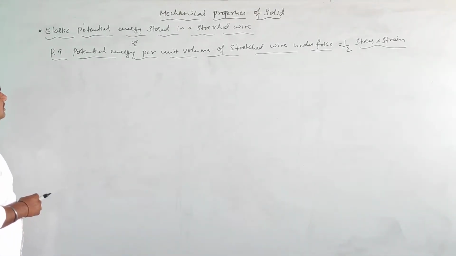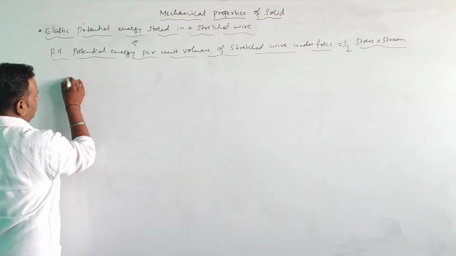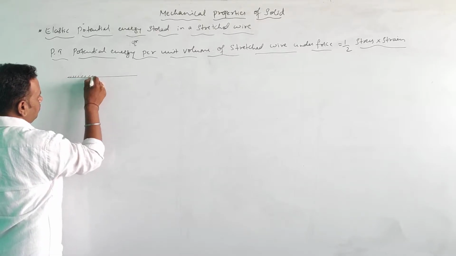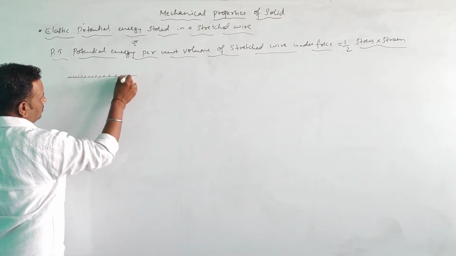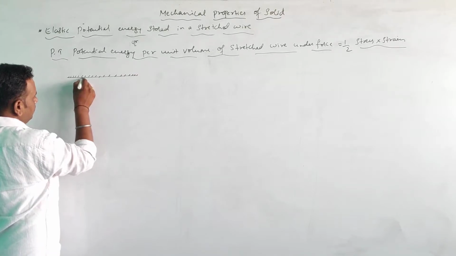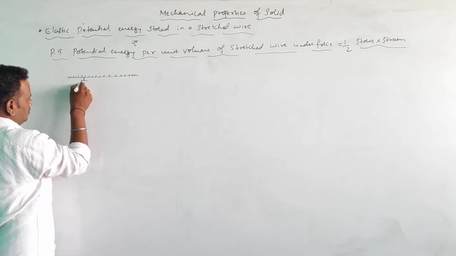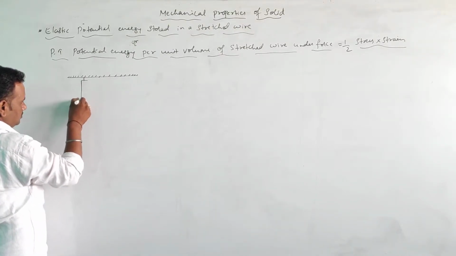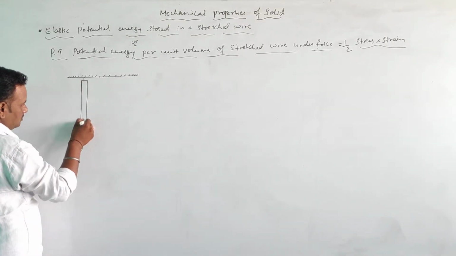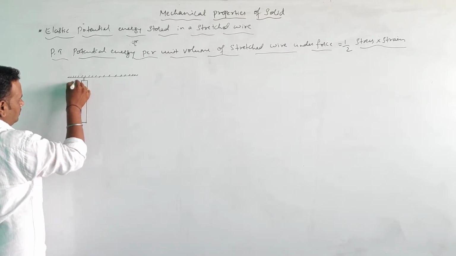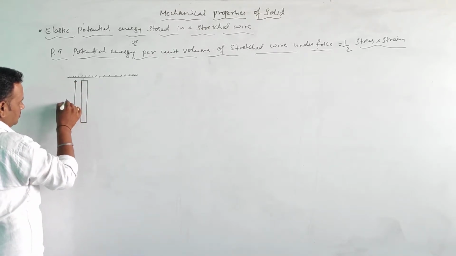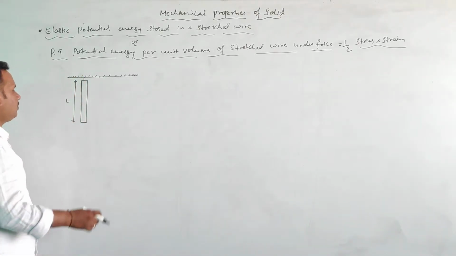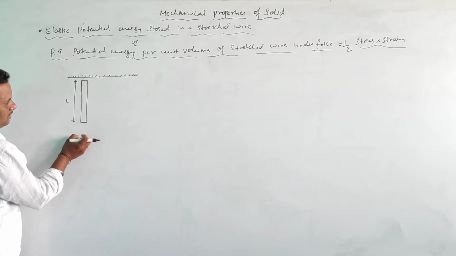Now let us consider a wire which is fixed to a rigid support. We are considering a wire of length L. Now this wire is being stretched by a force.